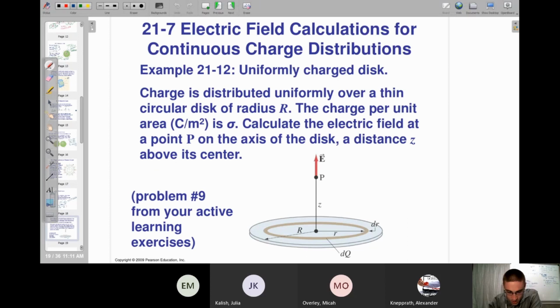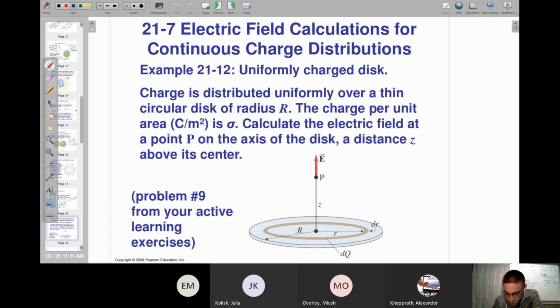So you might remember we did this calculation here where we calculated the electric field from a continuous distribution of charge for a charged disk, and then we took the limit, say, as this radius r here goes to infinity, so that we were calculating the electric field a distance z, say, from an infinitely large plane of charge.